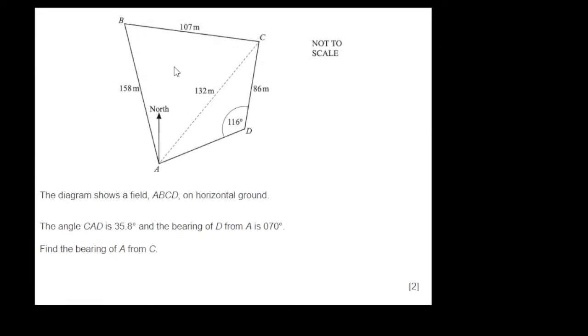The diagram shows the field ABCD on horizontal ground.